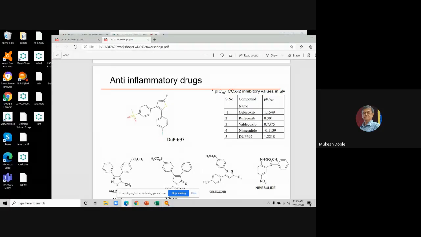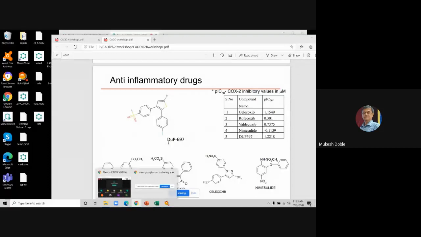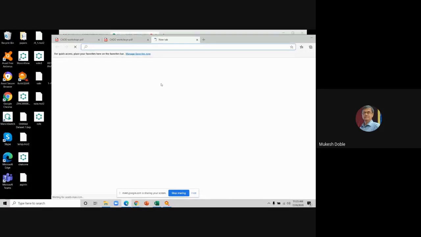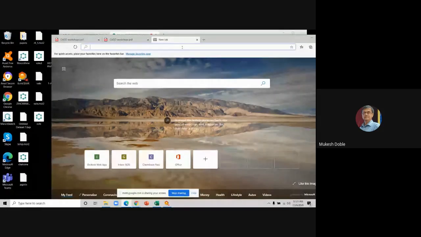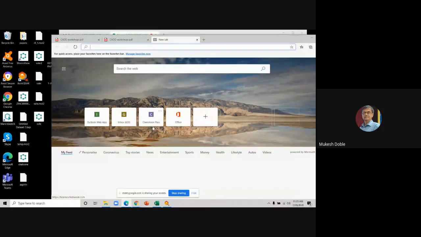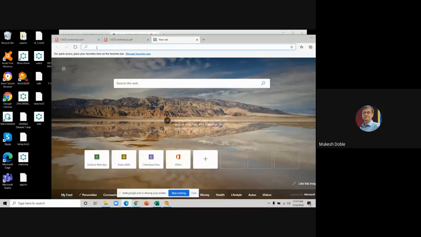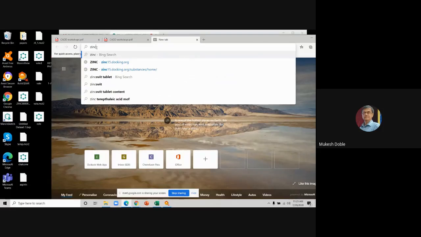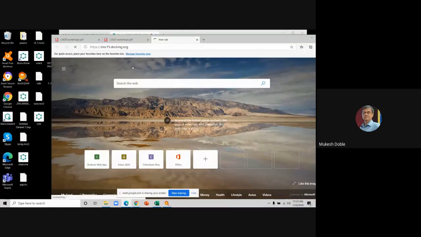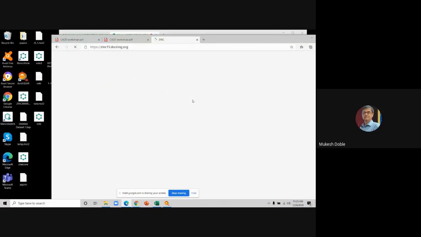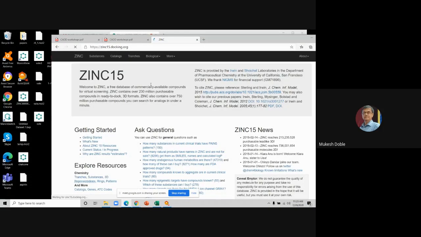So first, I will go to the ZINC database. I need the SMILES notation for this. Then I can copy it into ChemDes. Okay, so we will look at each one of these molecules.